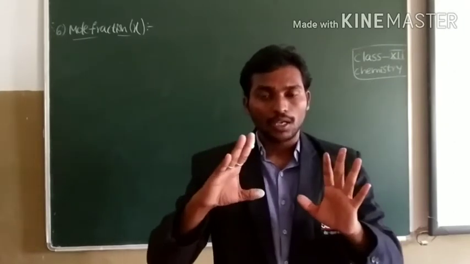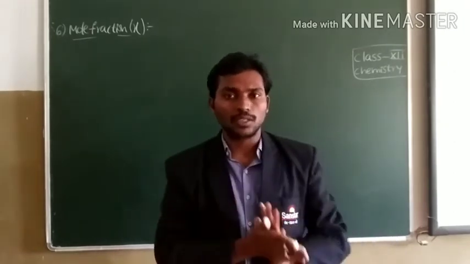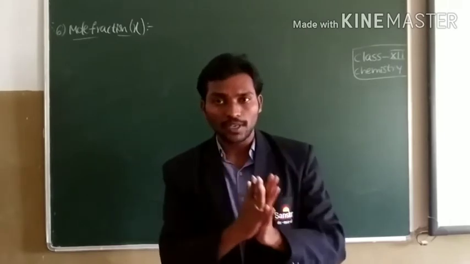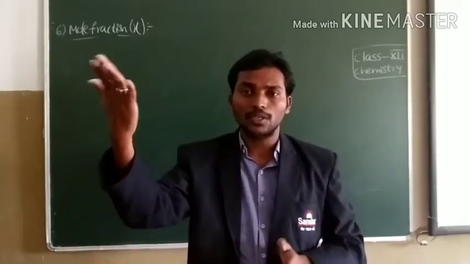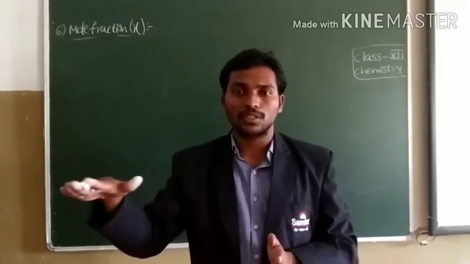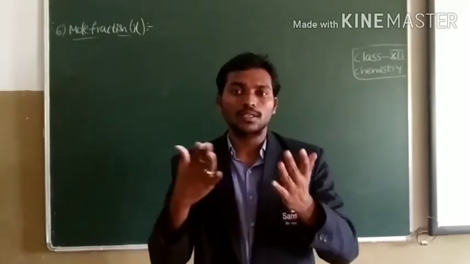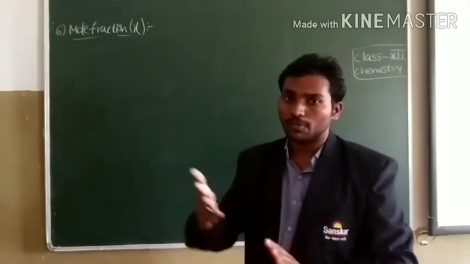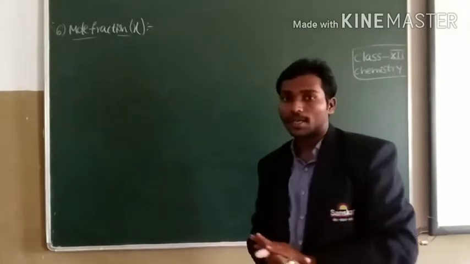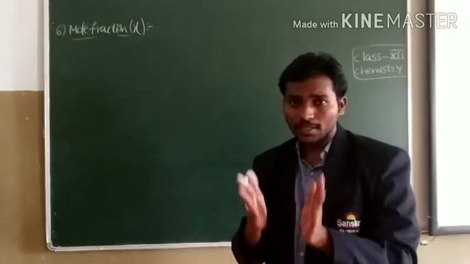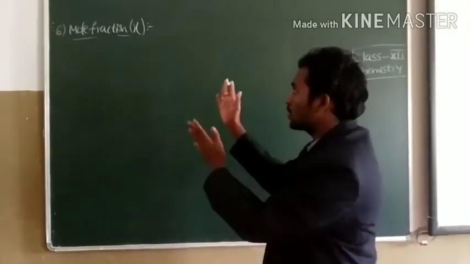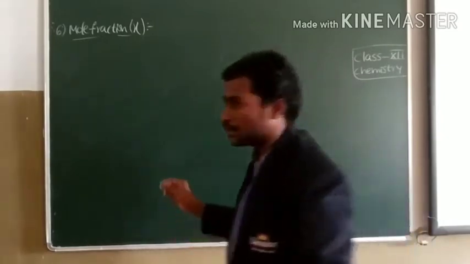So, if the solution contains more than one component, then mole fraction of the particular component by total number of components of the solution is called as mole fraction. Mole fraction is denoted by chi. Let us confine our discussion to binary solution.